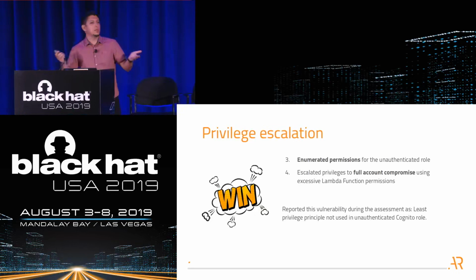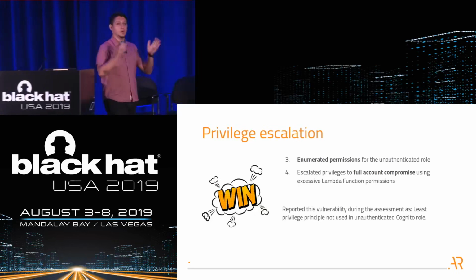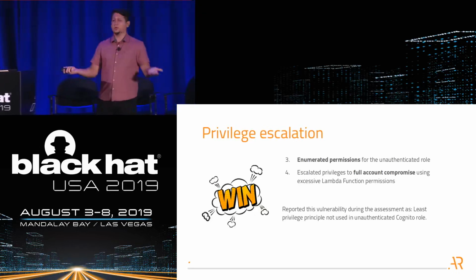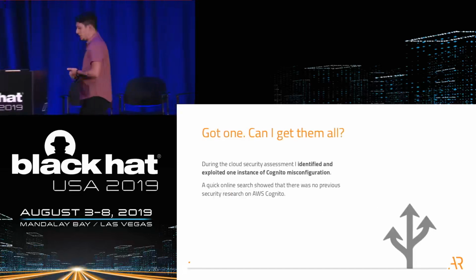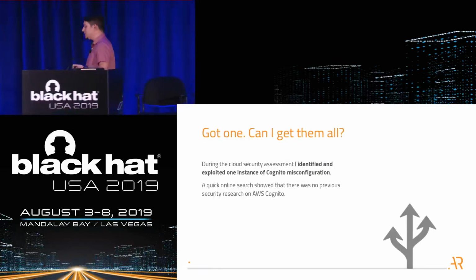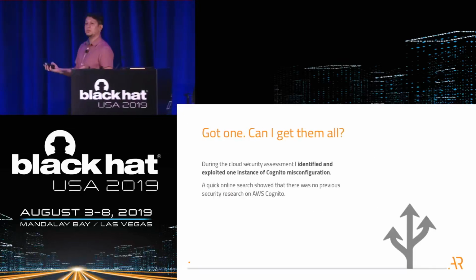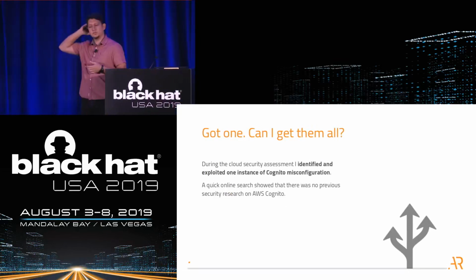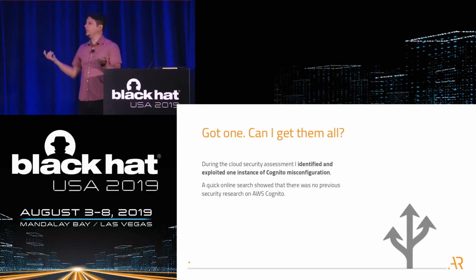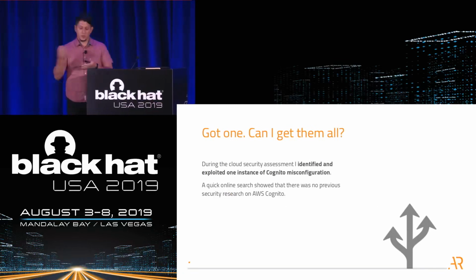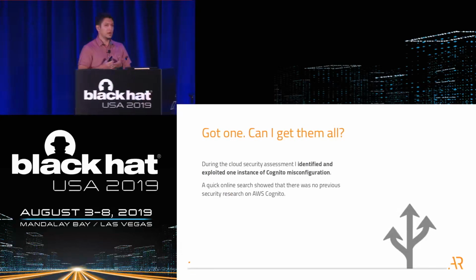That was great. My customer was happy, I was happy, and I learned a lot in the process. And I finished my report, and I was asking myself, all right, I got one. I was able to exploit one misconfiguration in AWS Cognito. Are there any other?